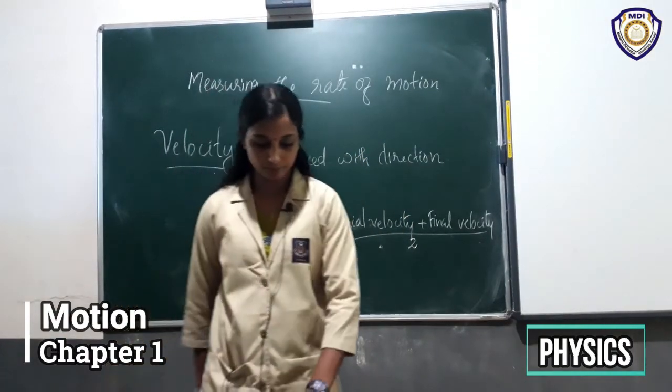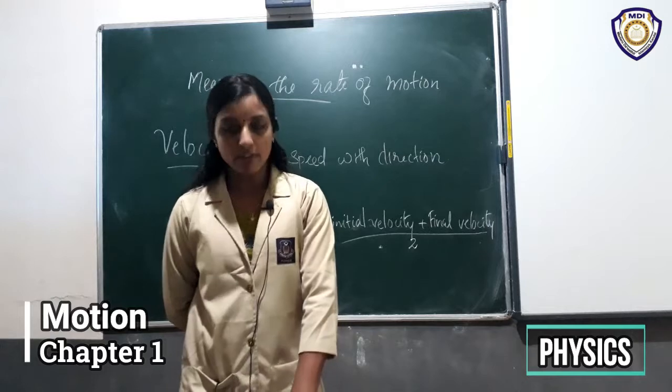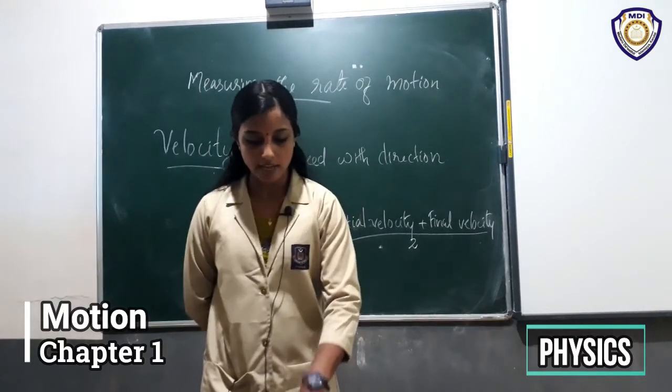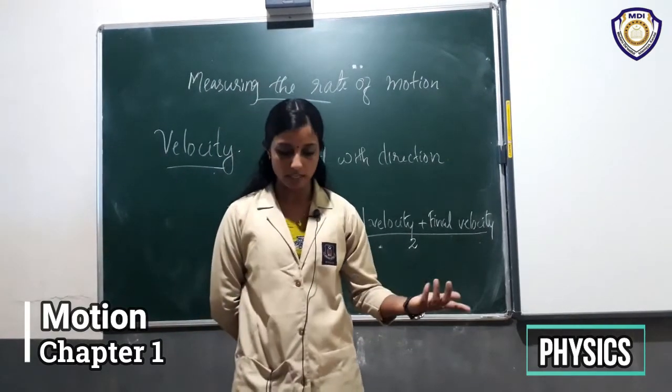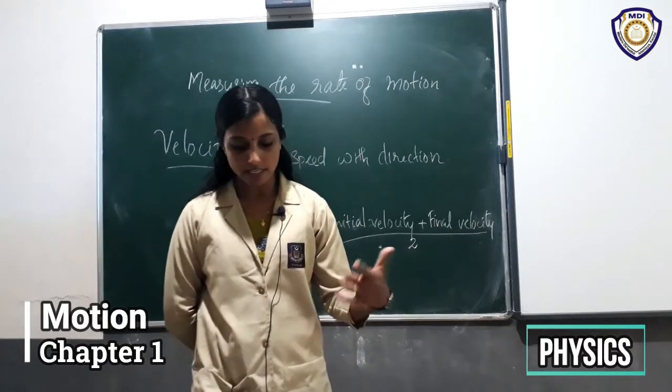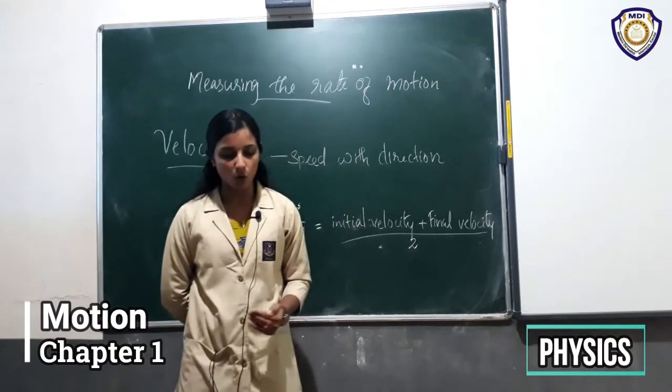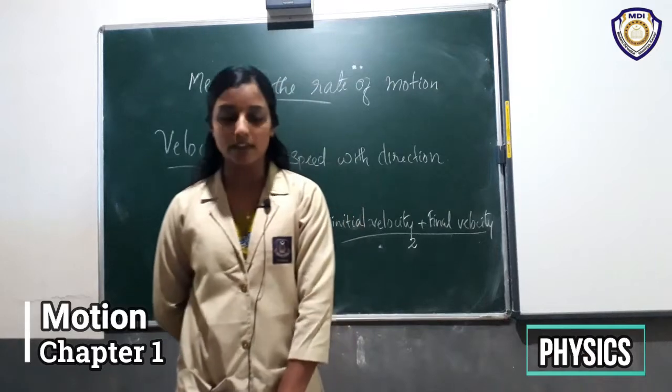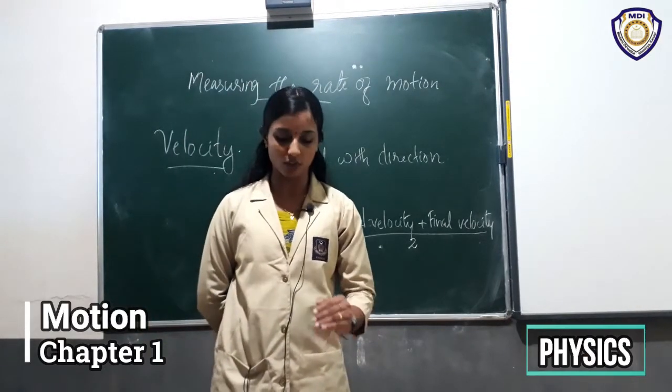That is, if the velocity of an object is changing at a uniform rate, then the average velocity is given by the arithmetic mean of initial velocity and final velocity for a given period of time.